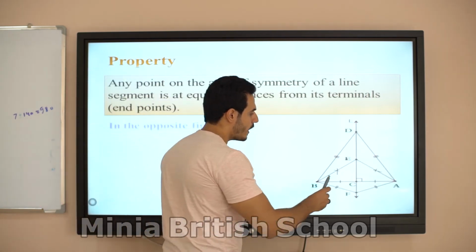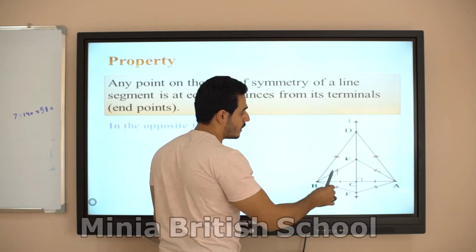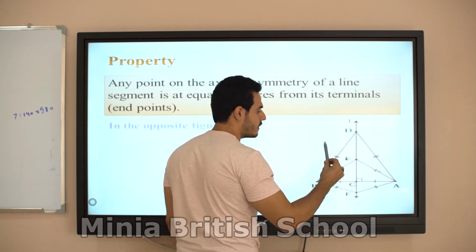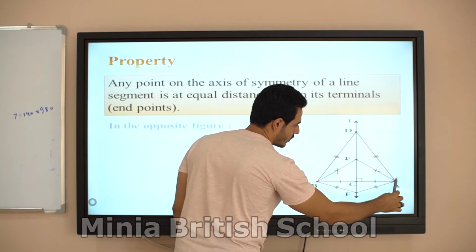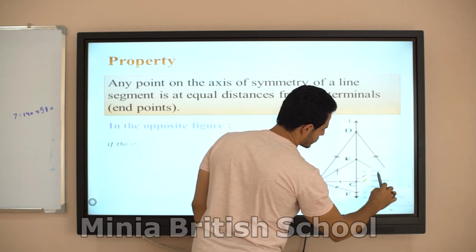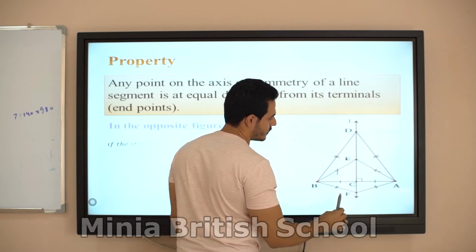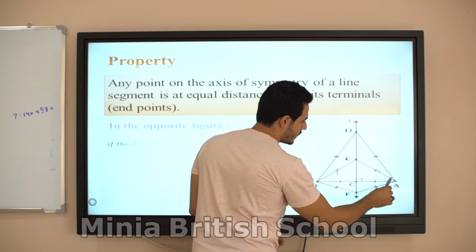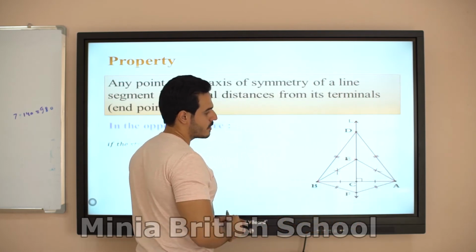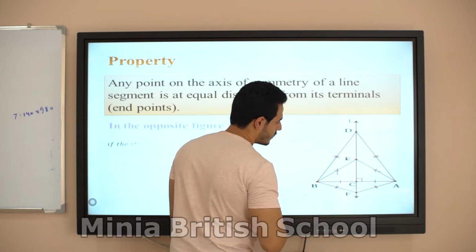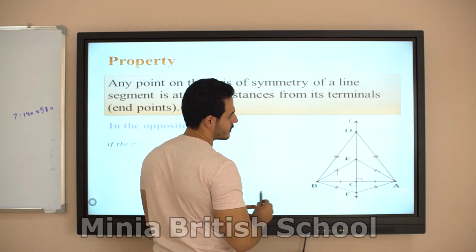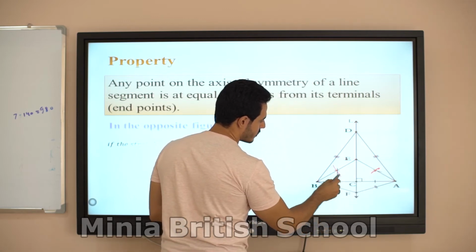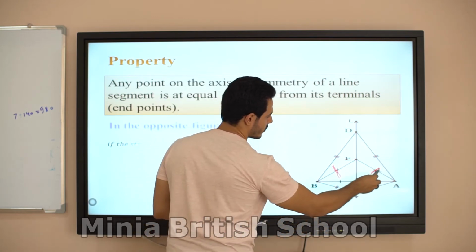Now, any point that lies on the axis of symmetry is equidistant, or at equal distance, from the endpoints, like point E. Point E lies on the axis of symmetry. So E is at equal distance from its terminals A and B. This means AE equals BE.